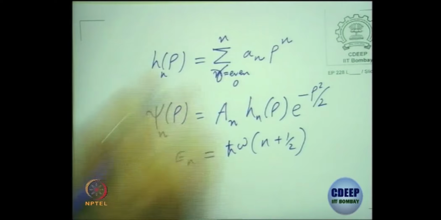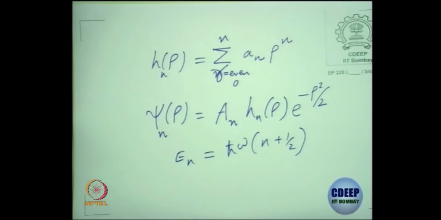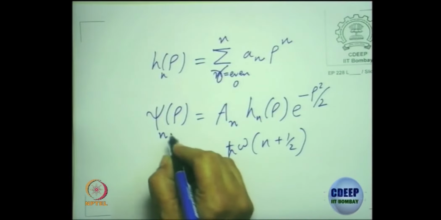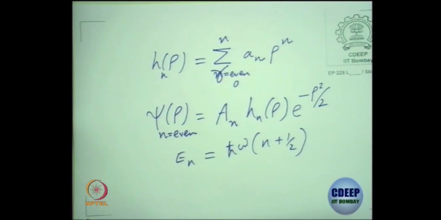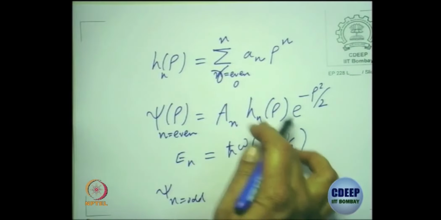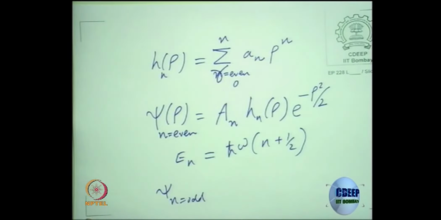So this is one possible solution. Another possible solution is where n could be odd, and you can write another solution. So this is n is even. You can also have a similar solution for n equal to odd, but the Hn series will involve only odd powers.